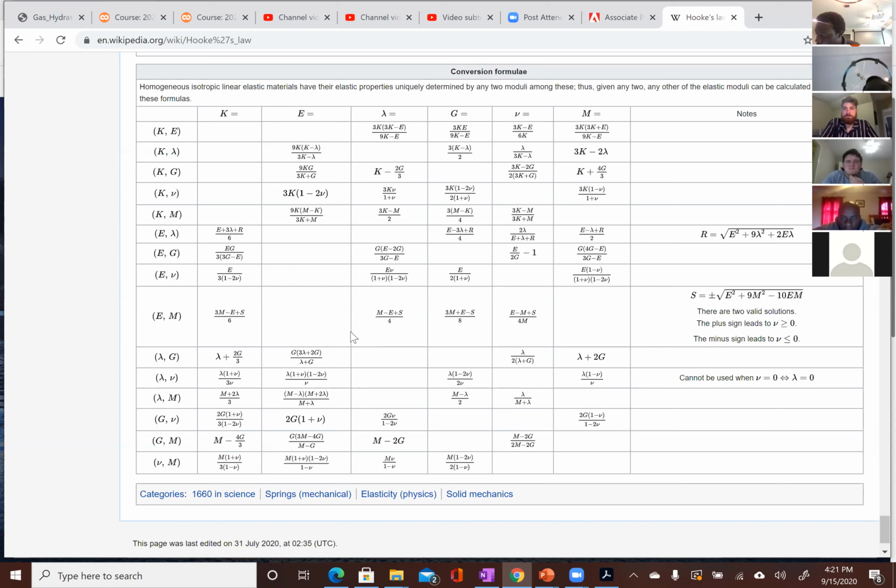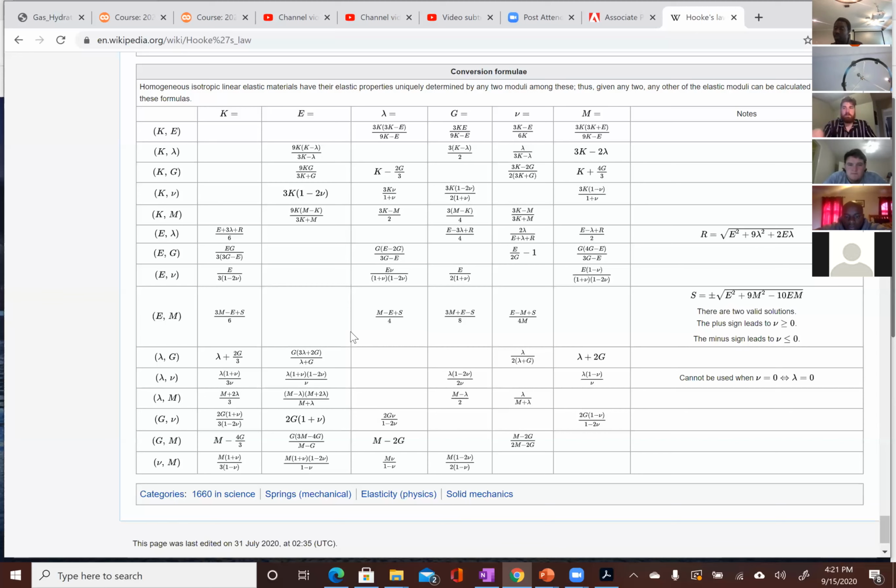This is the M modulus in terms of K and G. First Lame's constant, that's the lambda, in terms of the same K and G. And second Lame's constant, which is typically written as mu, is the same as G. So it's important not to get confused. Any time you see mu and they say it's the second Lame's constant, it's actually the same as G, which is shear modulus.